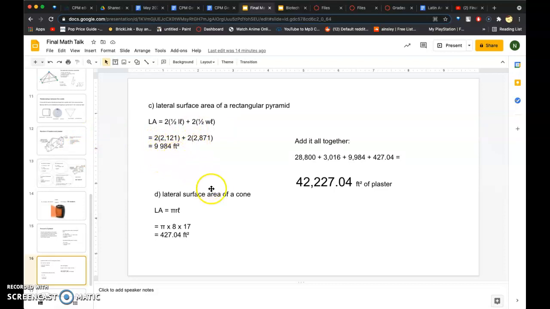And finally, for the lateral surface area of the cone, it is simply pi r times slant height. Again, we used the Pythagorean theorem to find the slant height.